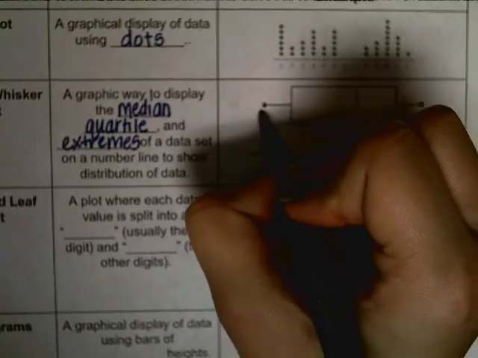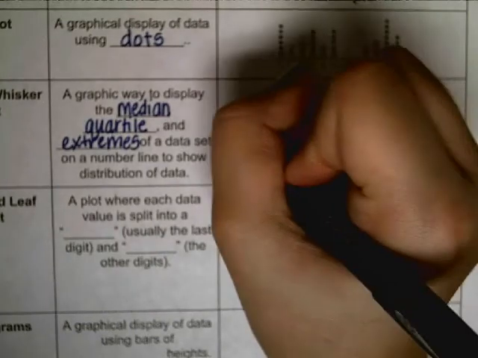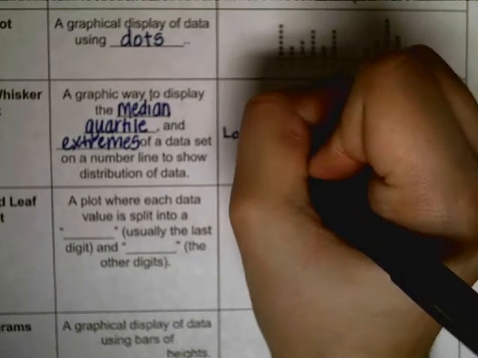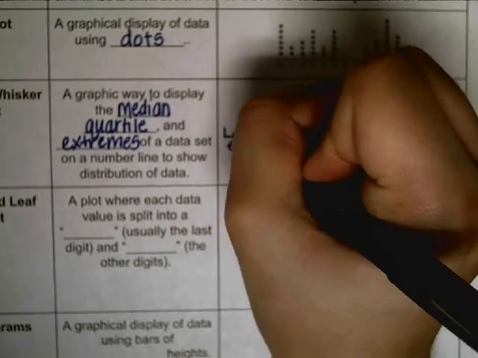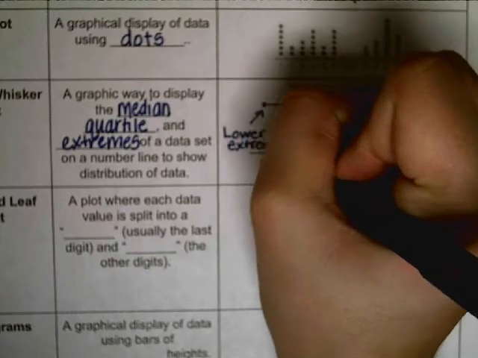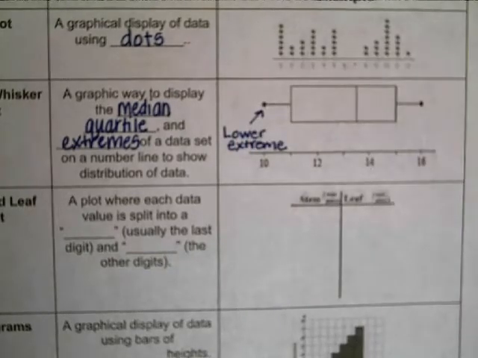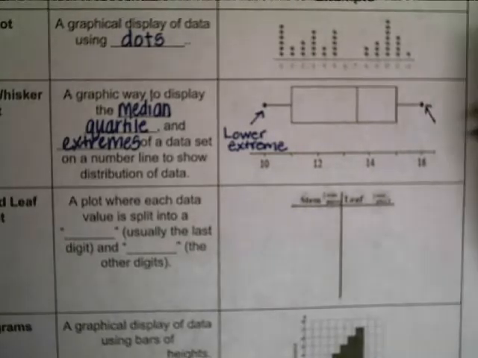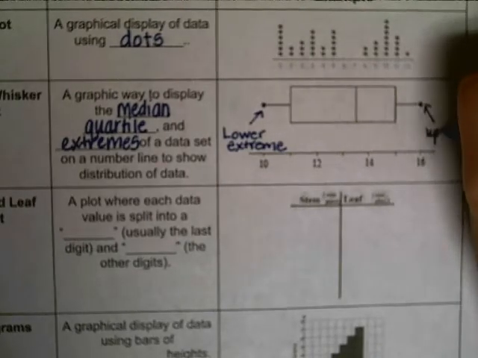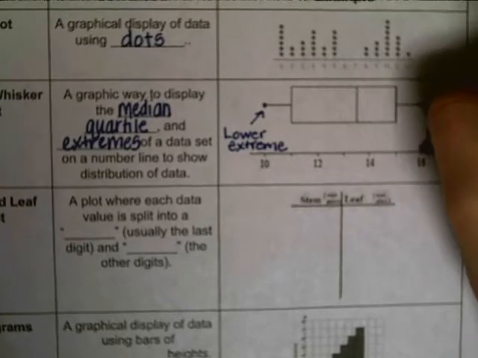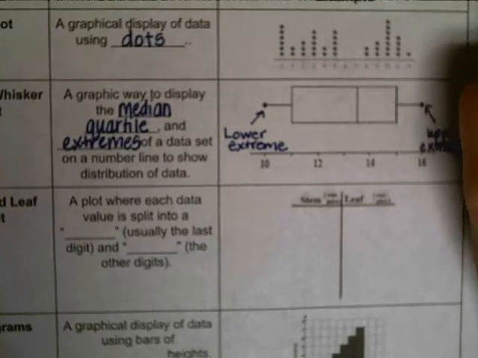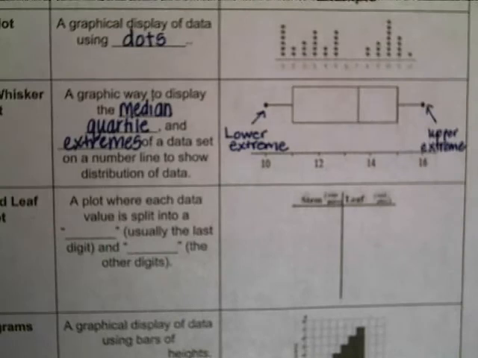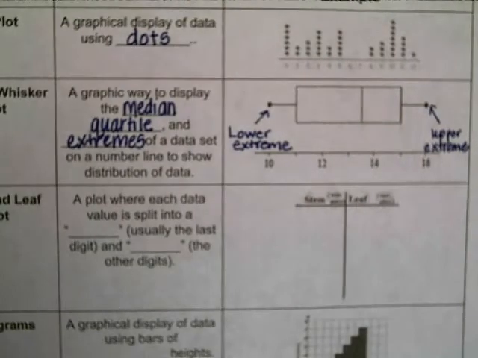This outside part right here represents your lower extreme, meaning the smallest number in your data set. This outside dot represents the upper extreme, which represents your highest number in your data set.